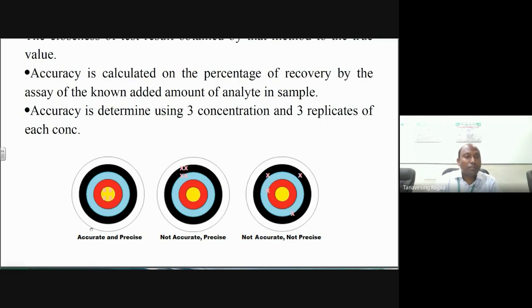Then we can say that the method is accurate as well as precise, meaning we are getting repetitive results. Accurate means closeness between the test result and the reference result, and precise means repeatability of the result. Here we are getting repeated results, and those results are close to our reference value. So the first diagram shows our result is accurate as well as precise.